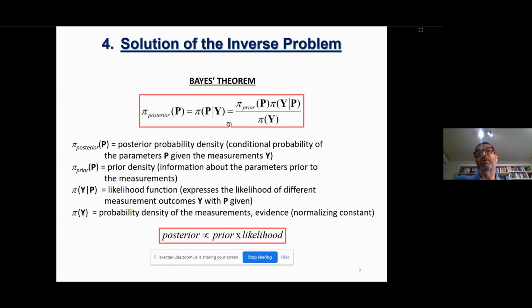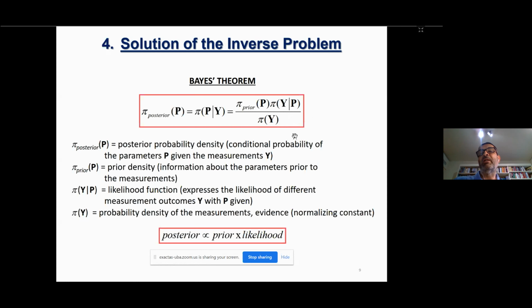From Bayes' theorem, the posterior probability density can be obtained from the prior density, which is the information about the parameters before the measurements are taken, coded in the form of a statistical model, and also from the likelihood, which is the conditional probability of the measurements given the parameters, obtained from the model for the measurement errors. The density in the denominator is called the evidence.